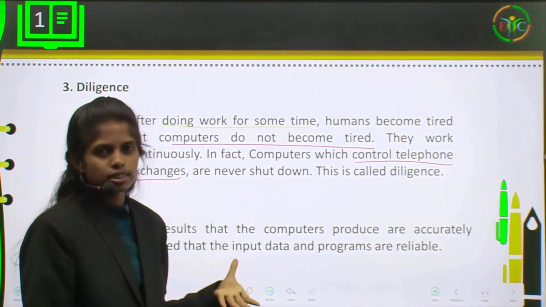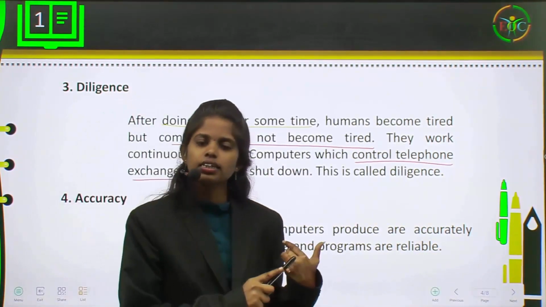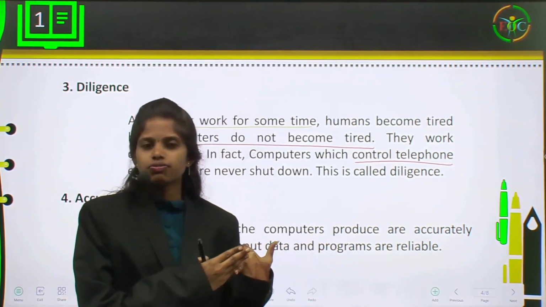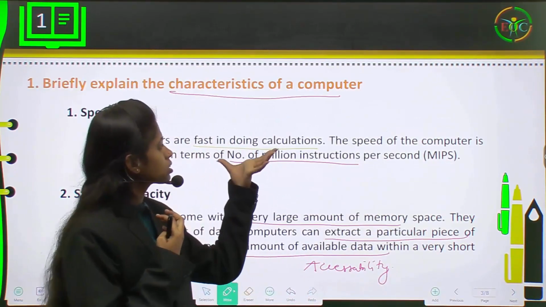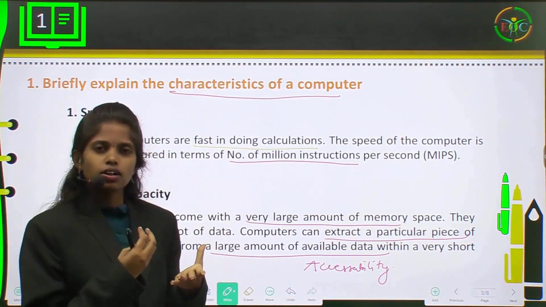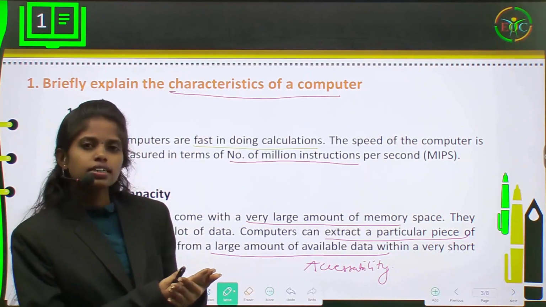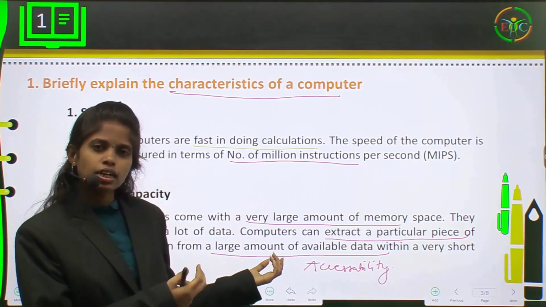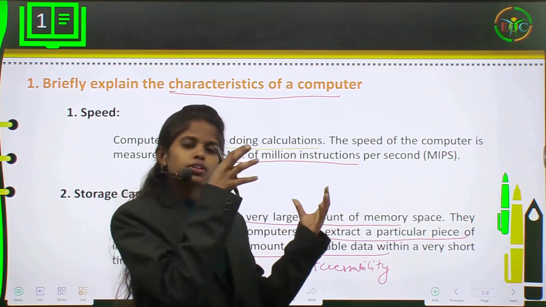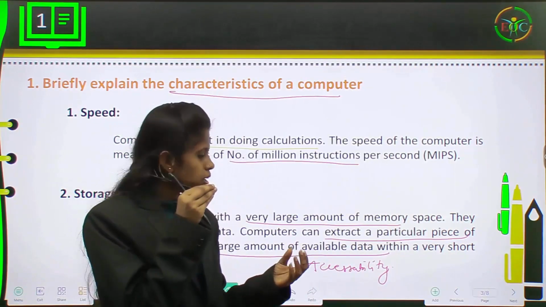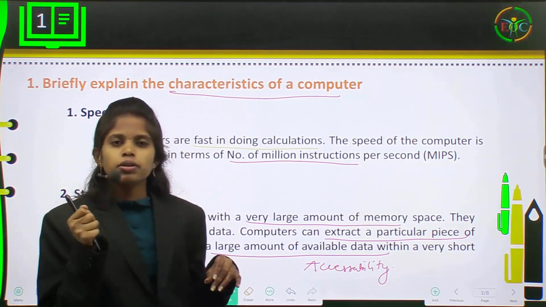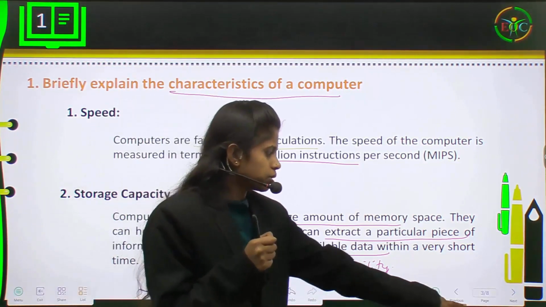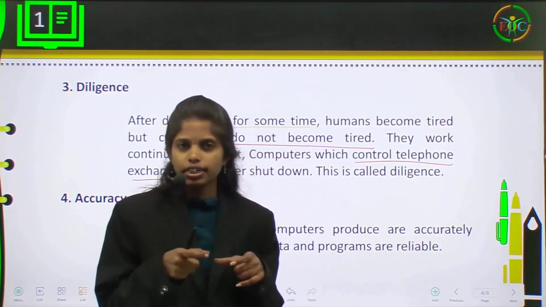What is accuracy? We have studied that calculations are done quickly, the fast calculations. You have a storage space, and out of the large amount, if you require any one particular piece of information, that is also done in a quicker manner, meaning in very short time the data will be taken.